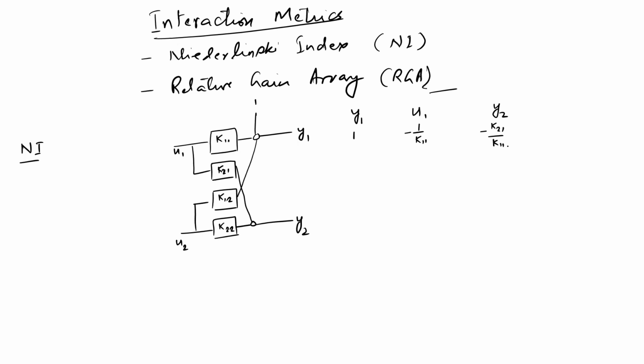Now in order to bring this deviated Y2 back to set point, the operator would change U2 by how much? He would change U2 by minus K21 by K11 K22.